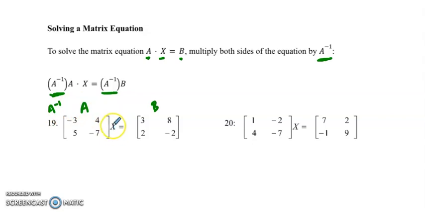And the identity matrix times X will just be X. So we have isolated X. Now on the right side, we're going to have A inverse times B. So basically, the matrix we're solving for is A inverse times B. Let's do this on our calculator. We're going to plug in A, plug in B, and then multiply A inverse times B.